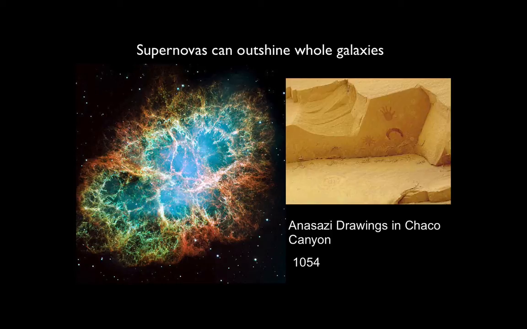The number that astronomers come up with is 1054. So in 1054, a supernova went off. And in fact, that matches quite well certain records of, for example, Anasazi drawings in New Mexico, where there are records of people observing this supernova in daylight. So these are really very explosive events.